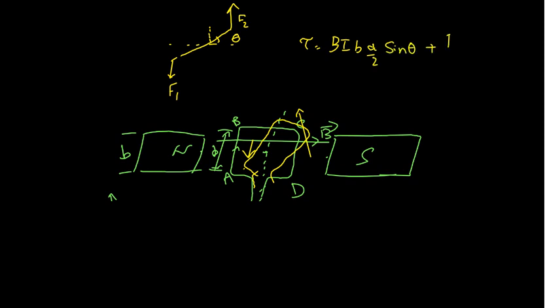So now totally it is I A B sin theta. This A B is nothing but area. B I A, area of the rectangular loop, sin theta.